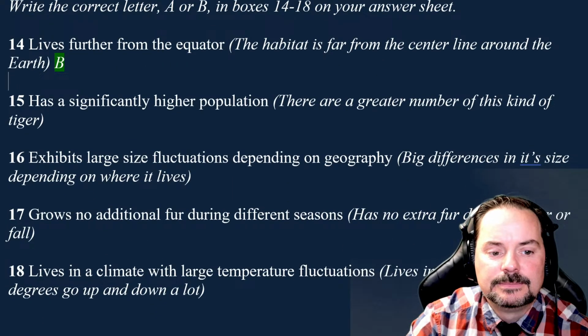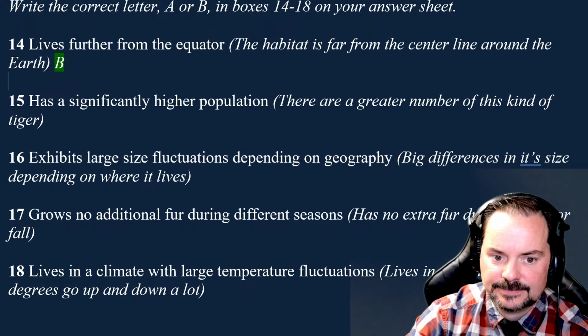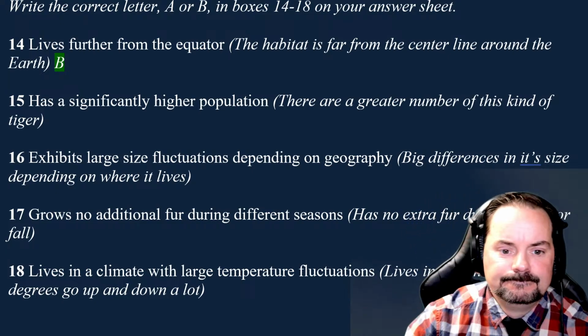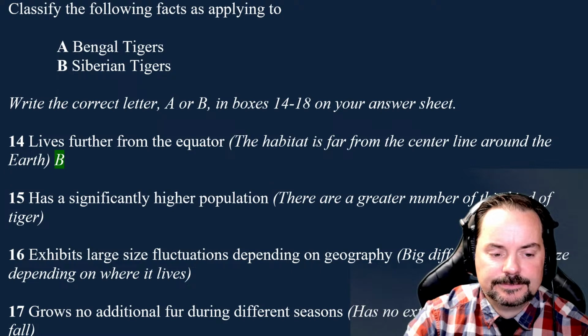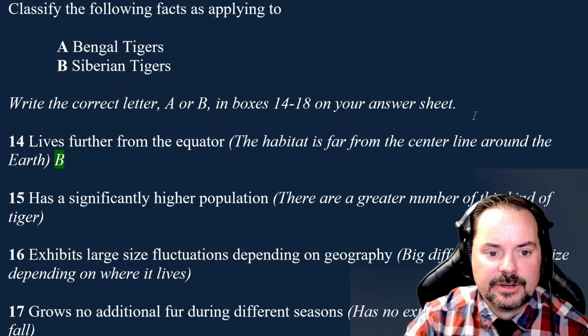Number 15: has a significantly higher population. I think it was Bengals, because Siberian tigers are fading away. I mean, they are in extinction. They're highly endangered.